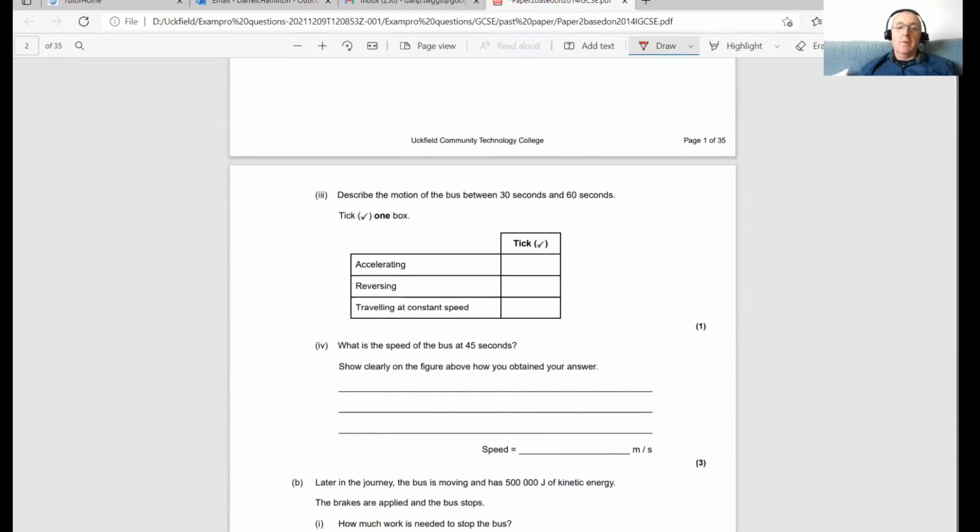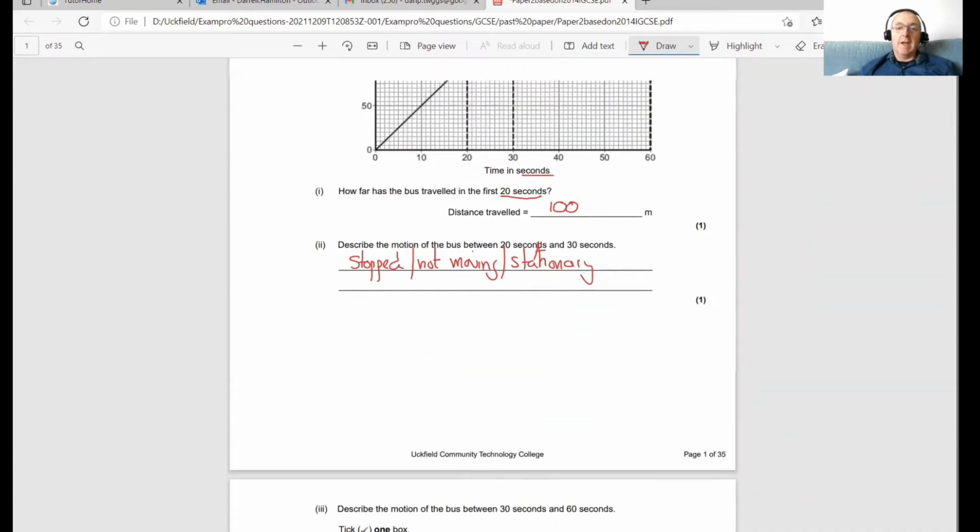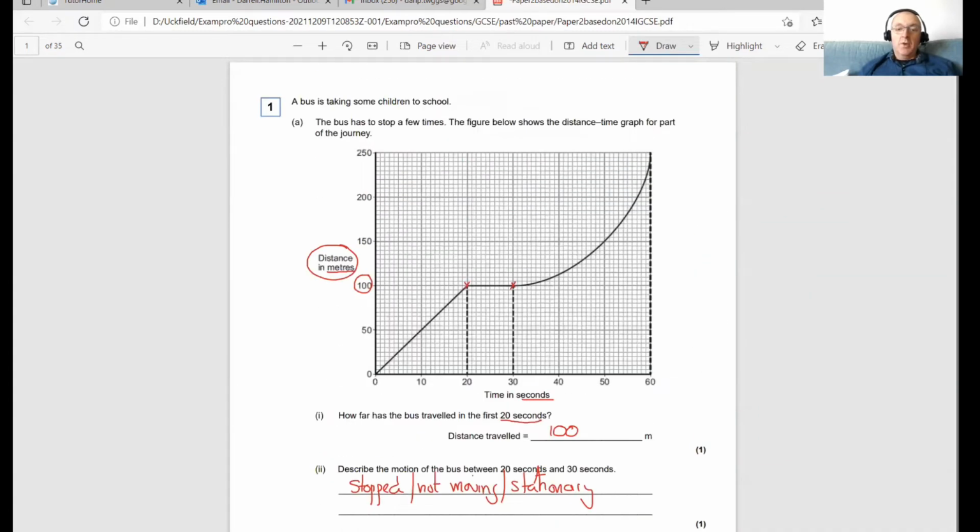Describe the motion of the bus between 30 and 60 seconds. Between 30 and 60 seconds, we can see that the distance is increasing. At 40 seconds, it's here. And that's, let's see, 1, 2, 3, 4, 5, 6, 7, 8, 9, 10 small squares.